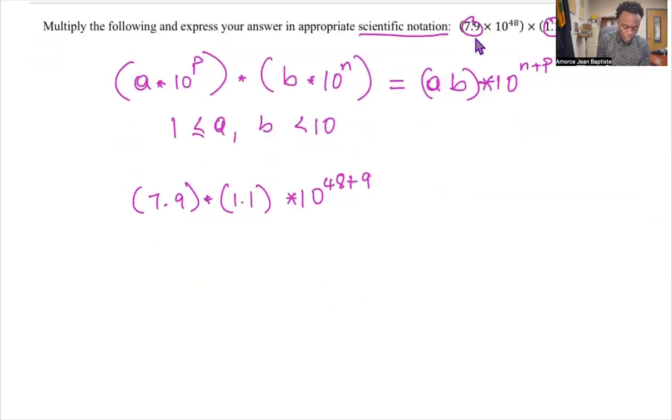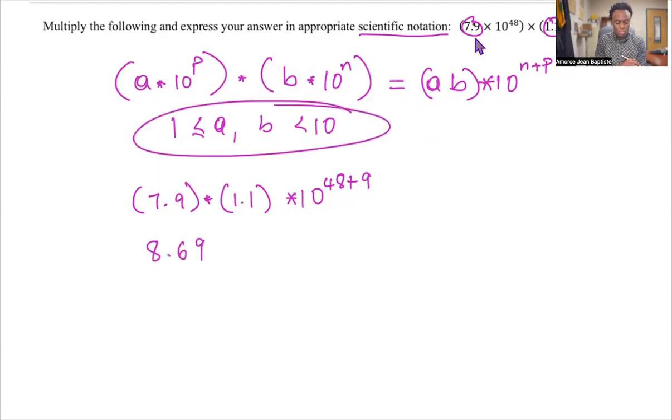Okay. So we multiply 7.9 and 1.1. That is 8.69, which corresponds to this condition, right? Because it's bigger or equal to 1, and it's not greater than 10.